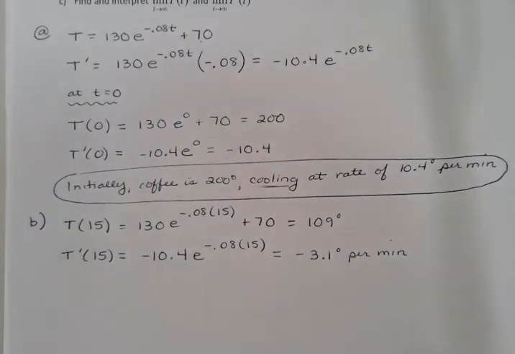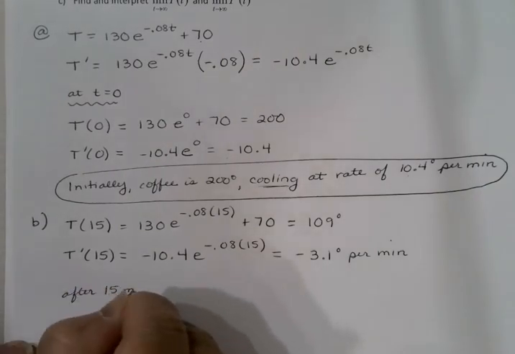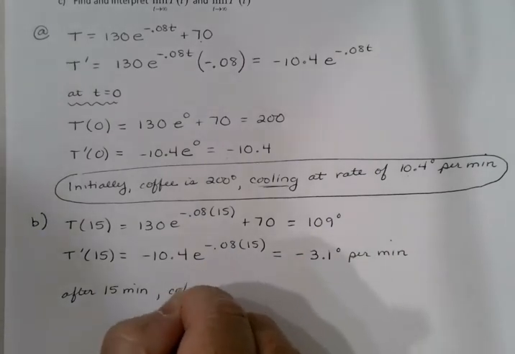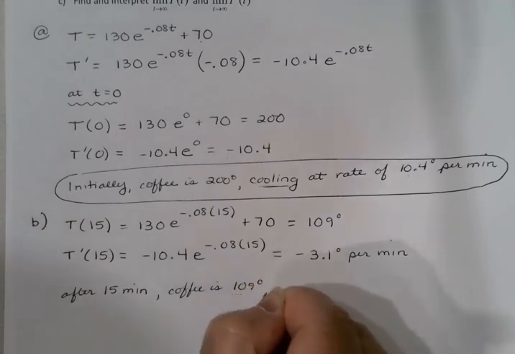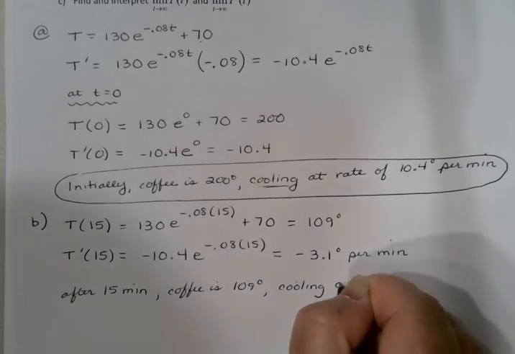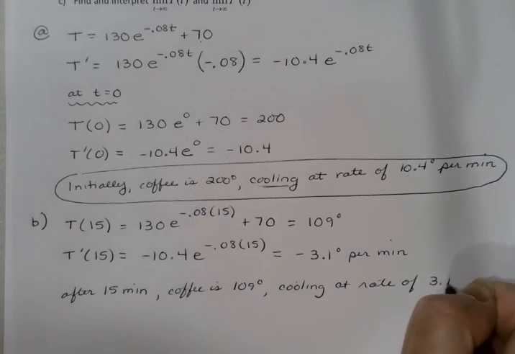So after 15 minutes, the coffee is 109 degrees. And it's cooling at a rate of 3.1 degrees per minute.